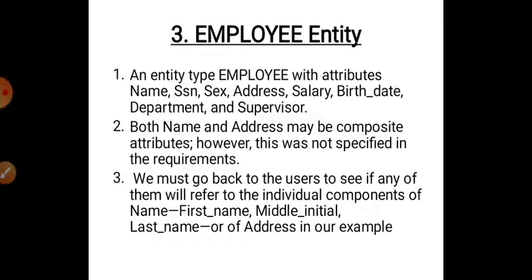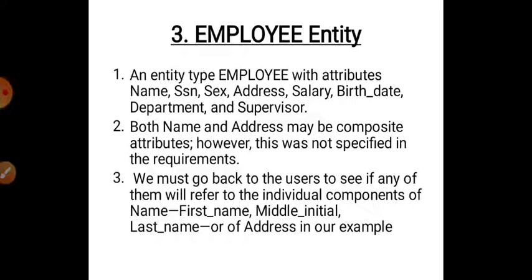Now employee: an entity type employee with attributes name, SSN, sex, address, salary, birth date, department, and supervisor. These are the attributes of the employee entity we have seen in the diagram.